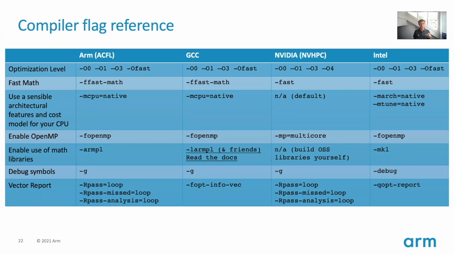And we talk about optimization level flags, how to enable fast math, enabling -mcpu=native, which I've talked about. Enabling OpenMP is mildly different for NVIDIA. Making use of vendor math libraries, so BLAS, LAPACK, FFT kernels, that sort of thing. How to enable debug, which for all of the toolchains you'll be using is just with -g.